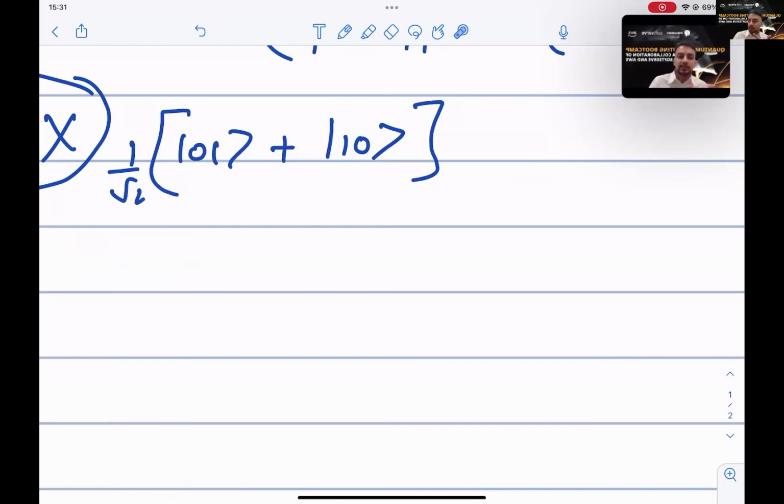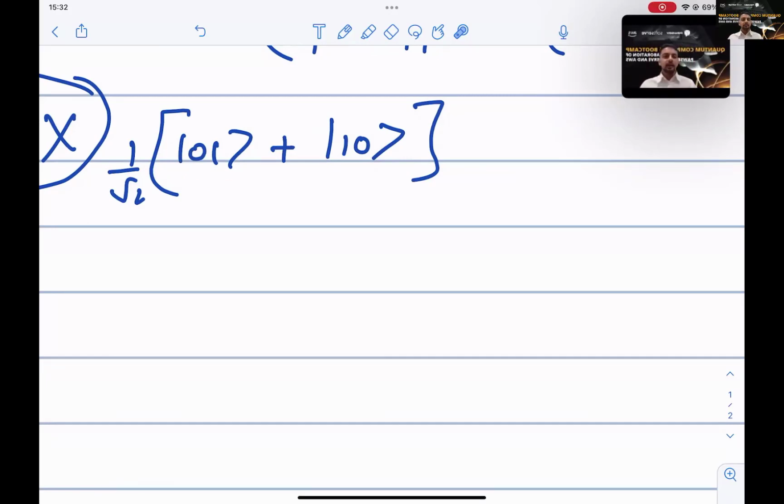I just know that it's the bit flip of this state, which is 0. And the same thing applies in the other direction. So if I know the state of the second qubit is 0, I know that the state of the first qubit is just the bit flip of that. So 0 bit flip 1, 1 bit flip 0. So this is the law of entanglement that we just see here.